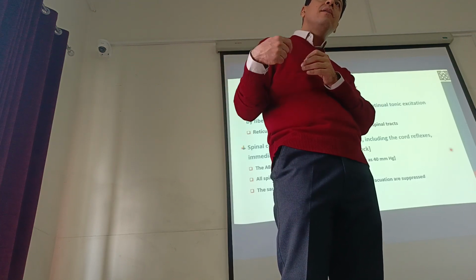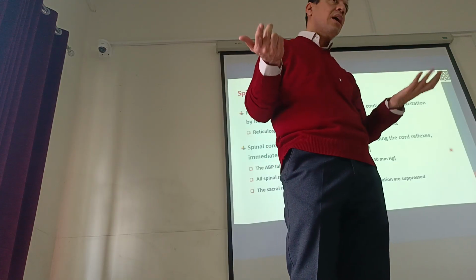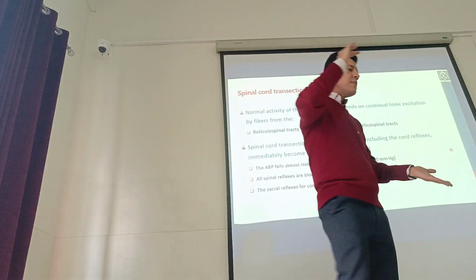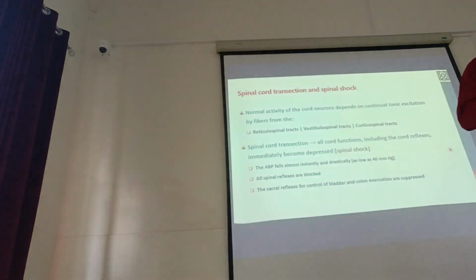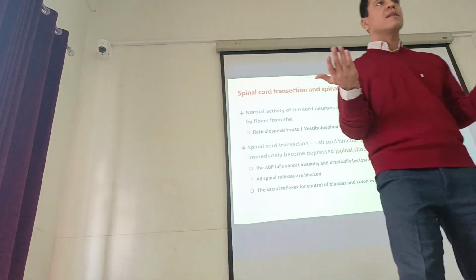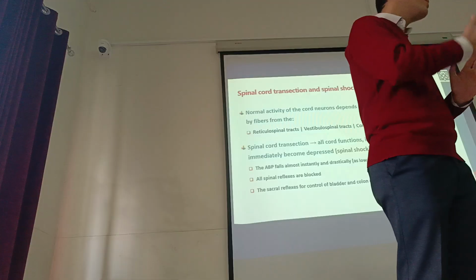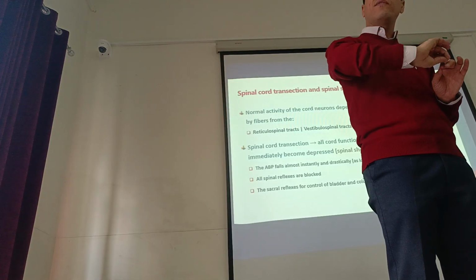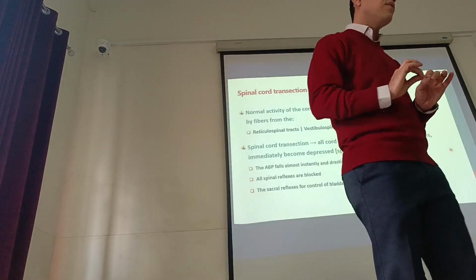We may have pain, but the flexor reflex doesn't happen. So all reflexes are lost. This situation is called spinal shock. So spinal shock means loss of all reflexes that happens after injury to the spinal cord. But remember that we have somatic reflexes and also autonomic reflexes.